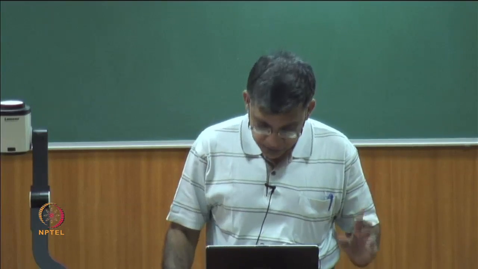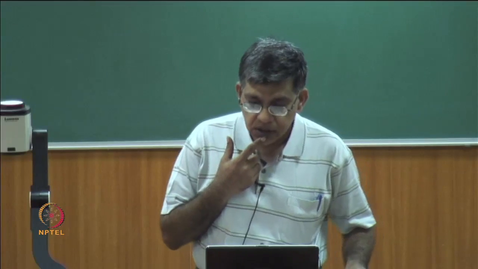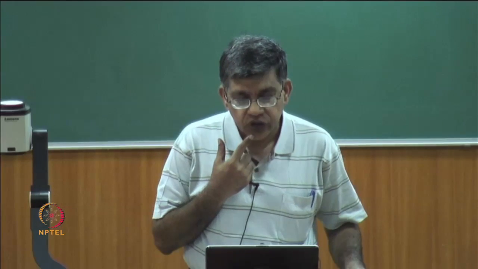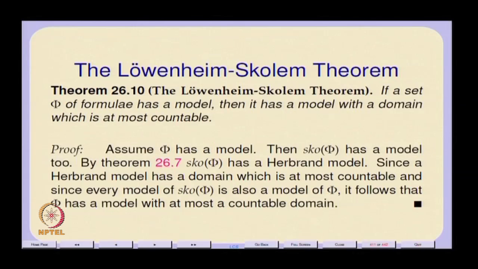Yeah. So, okay, the interesting thing now, since I was talking about countability and uncountability, it is therefore very clear that there is this important theorem by Löwenheim-Skolem which says that if a set phi, and this set phi could be infinite, has a model, then it has a model with a domain which is at most countable, right.